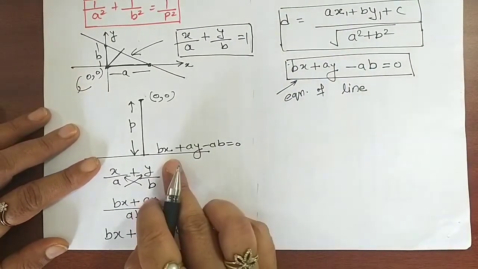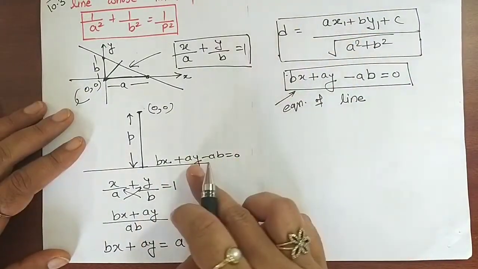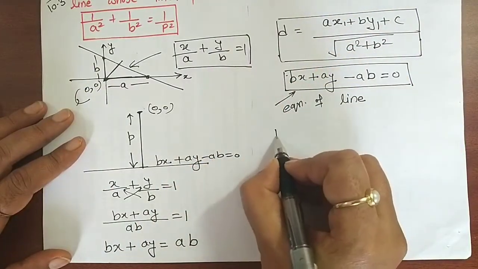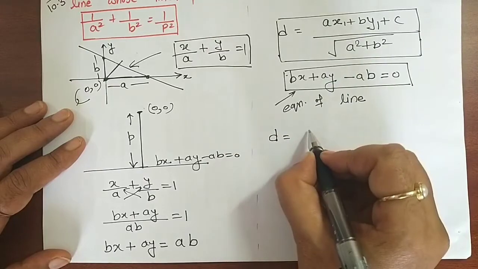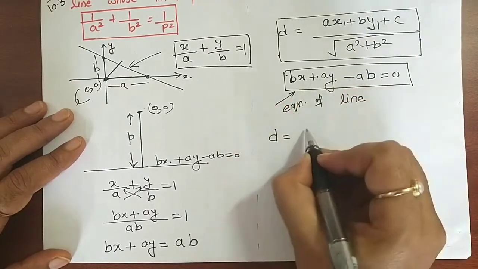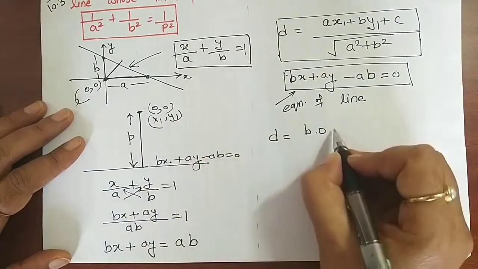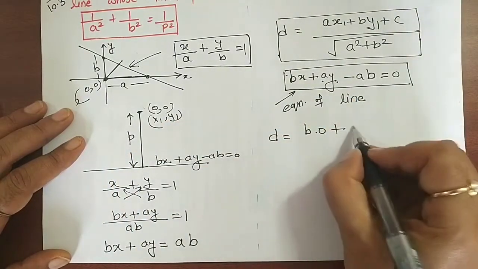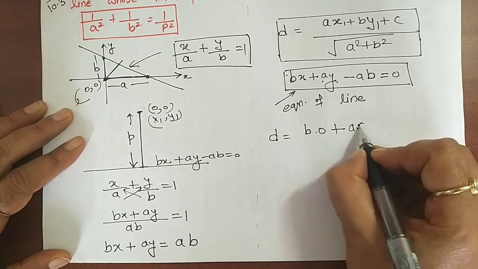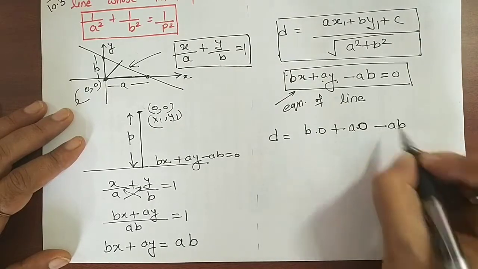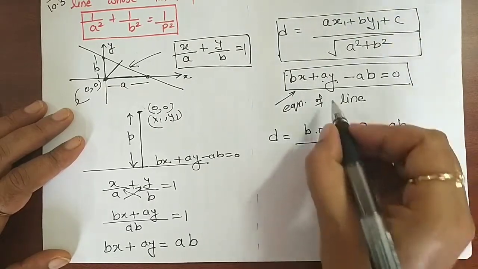Okay, so here if I put everything into this, my D will be BX1, so BX1 is 0, X1 and Y1 are 0, plus AY1, so AY1 is 0, minus AB by root of A square plus B square.